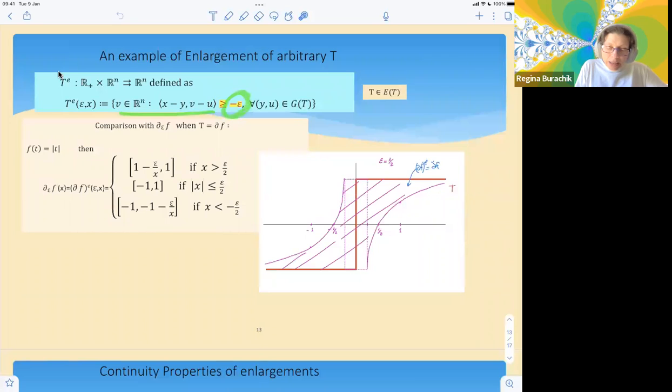But if you relax it and replace it by minus epsilon, you get a set that enlarges T of x, and this is called the epsilon enlargement of T of x, right?